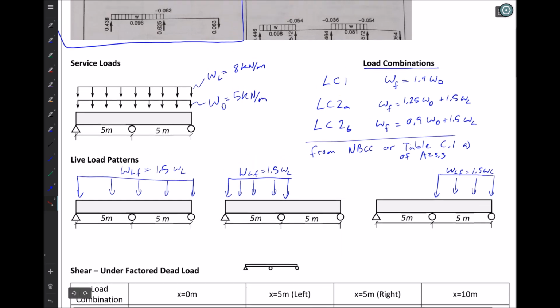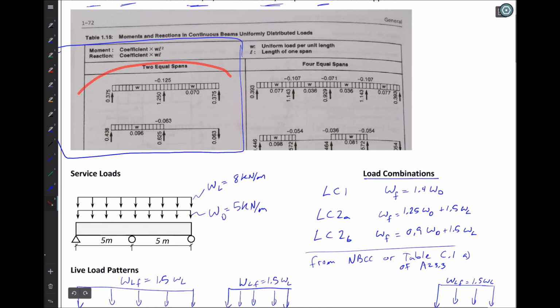Instead, we'll take the path of using the shear or the reaction and the moment coefficients, and a little bit of knowledge about how shear and moment diagrams are drawn for uniformly distributed loads, to determine the magnitudes of shear and moment at every single point of interest along the length of the span. Once we have those, we can then add terms together, like the value of moment at this point due to dead load and the value of moment at this point due to live load.